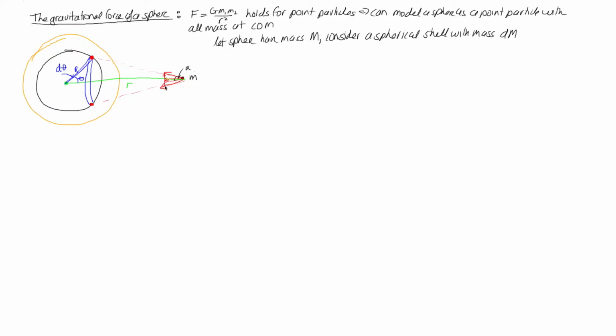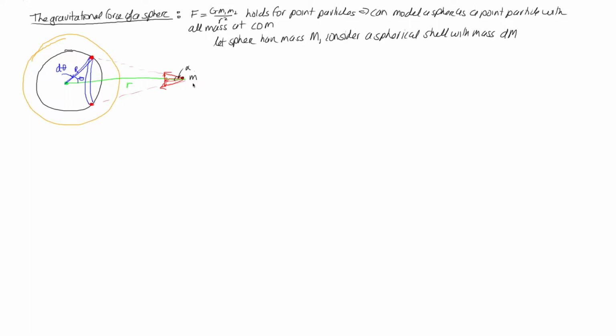And with these 2 points on opposite sides of our little ring here, the vertical components are going to cancel out and the horizontal components are going to add together. So we can do that for any pair of points around our ring here. The force towards the center of the sphere will add together, and the forces perpendicular to that are going to cancel each other out.